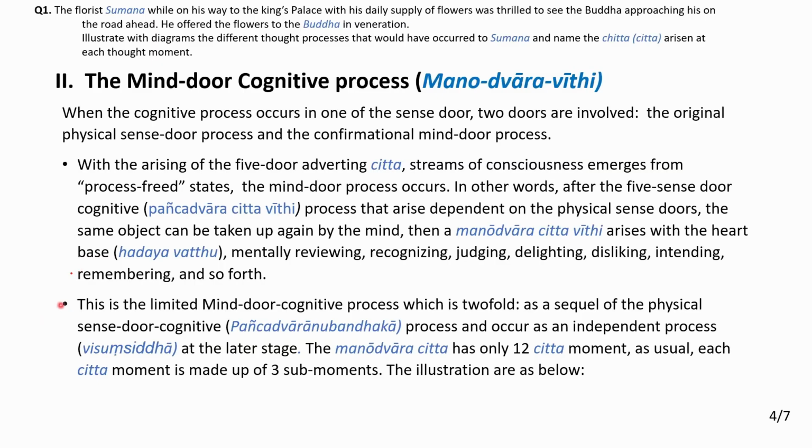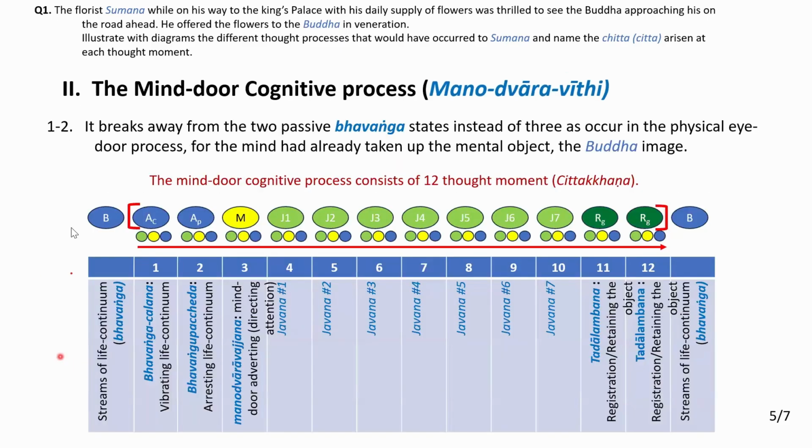This is the limited mind door cognitive process, which is twofold, as the sequel of the physical sense door cognitive process and as an independent process at a later stage. The manodvara citta has only 12 citta moments as usual. Each citta moment is also made up of 3 sub-moments. So the illustration is as below.